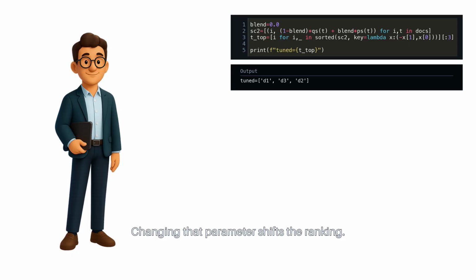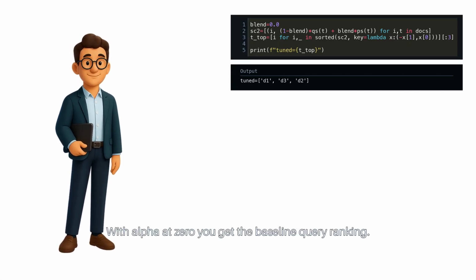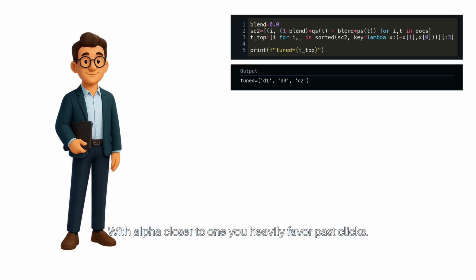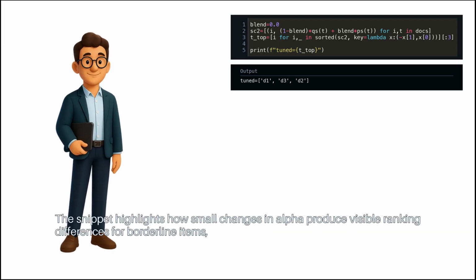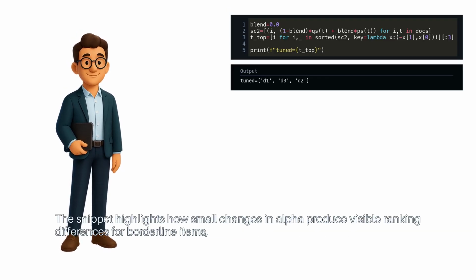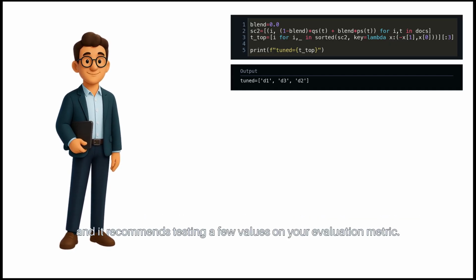Changing that parameter shifts the ranking. With alpha at 0, you get the baseline query ranking. With alpha closer to 1, you heavily favor past clicks. The snippet highlights how small changes in alpha produce visible ranking differences for borderline items, and it recommends testing a few values on your evaluation metric.